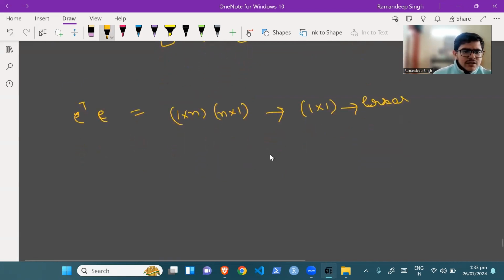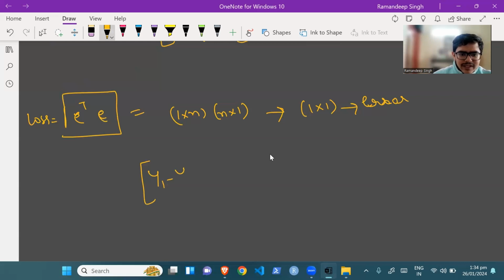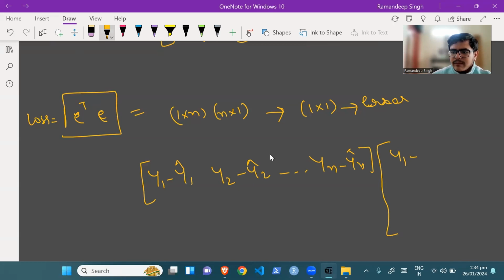And yeah, so my new loss function is this, which I need to minimize. It is E transpose E, which looks like y1 minus y1 hat, y2 minus y2 hat, up to yn minus yn hat, multiplied by y1 minus y1 hat, y2 minus y2 hat, up to yn minus yn hat.